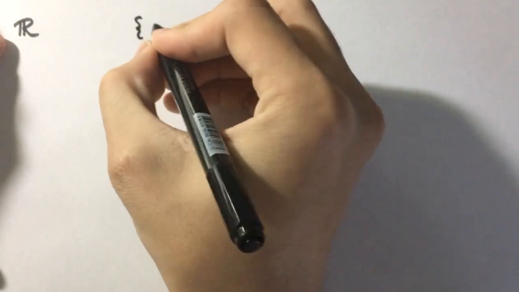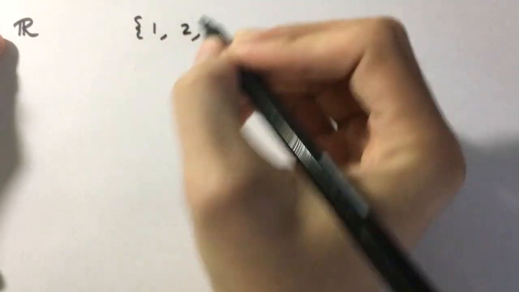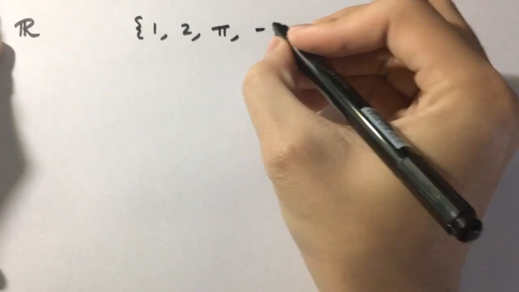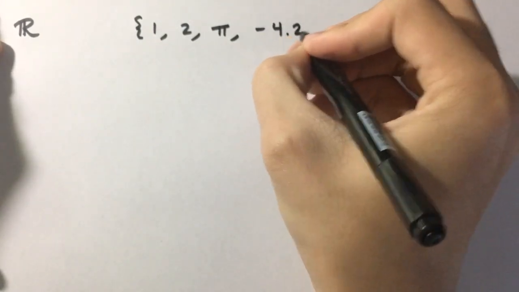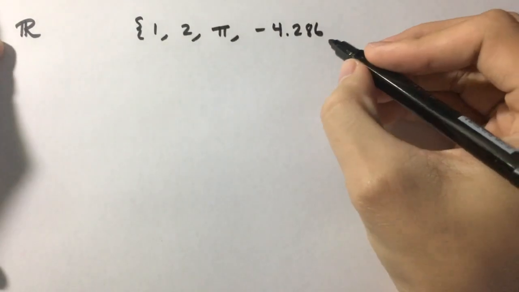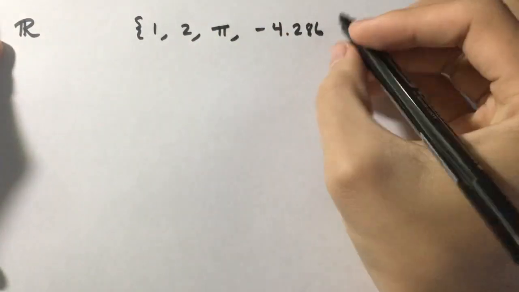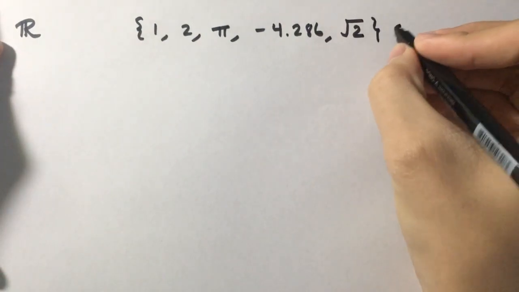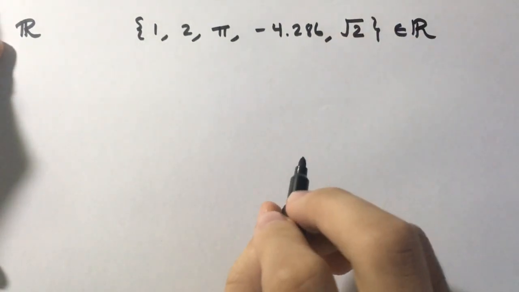So numbers like, for example, 1, or 2, or numbers like pi, or even something like -4.286, or something irrational like pi, or maybe even something like square root 2. Those are all real numbers.